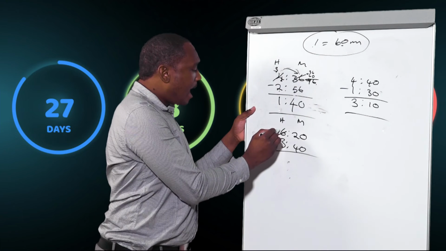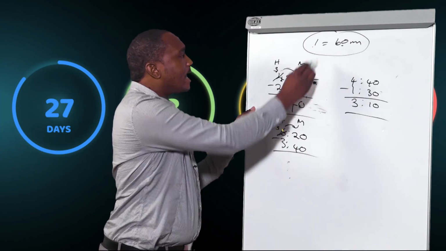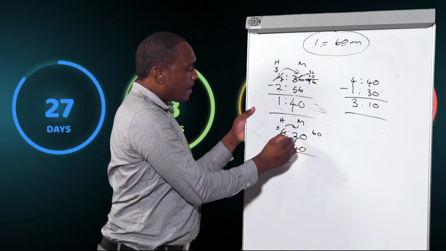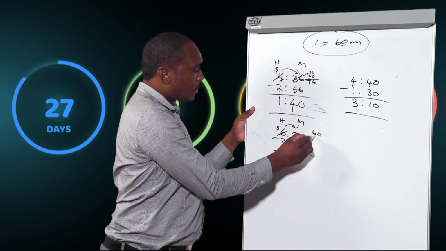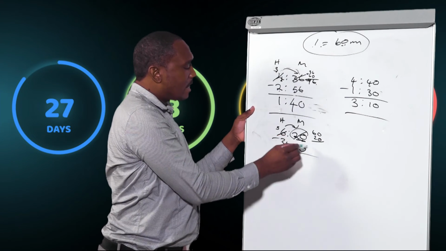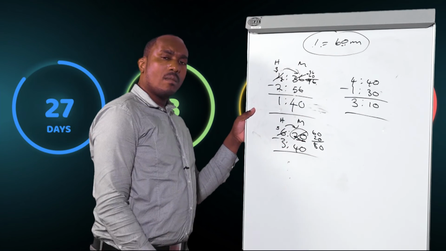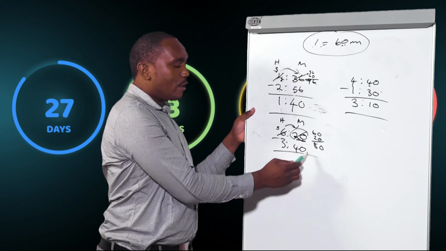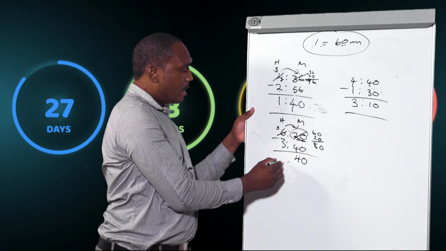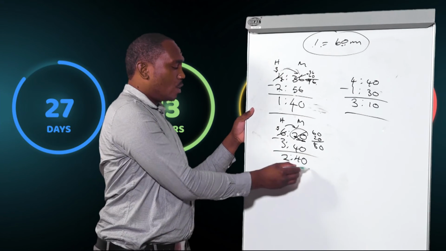So when you get the 1, this one remains 5. And this 1, you cross it, we say 1 is the same as 60. So you say 60 plus the 20, which is already here. So your answer on top now is no longer 20, but 80. So 80 subtract 40, it is 40 there. 5 there, subtract 3, it's 2.